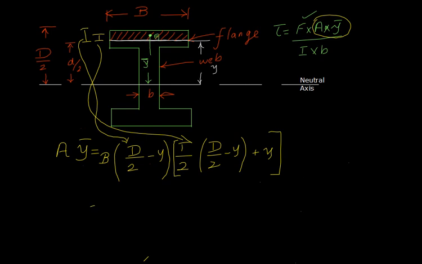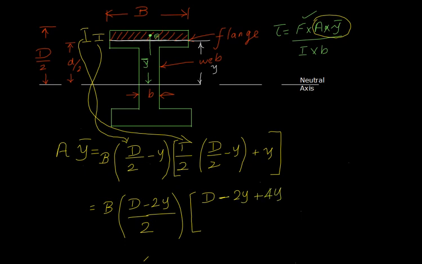It is capital B into capital D minus 2y whole divided by 2, into capital D minus 2y plus 4y whole divided by 4.